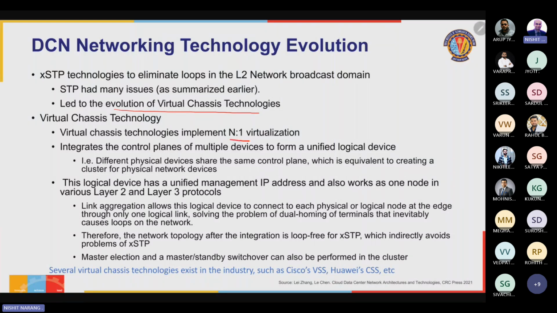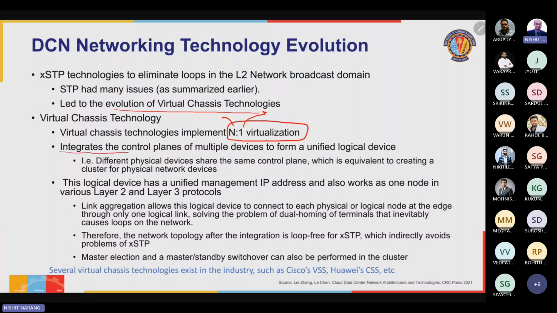It's still N:1 virtualization. You've taken N network nodes and created one virtual node out of it. That's why the term virtual chassis. So it implements N:1 virtualization.